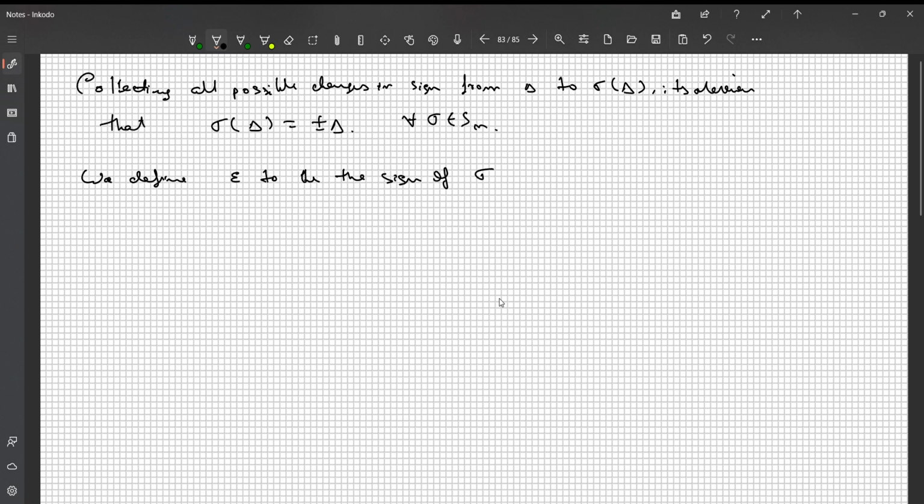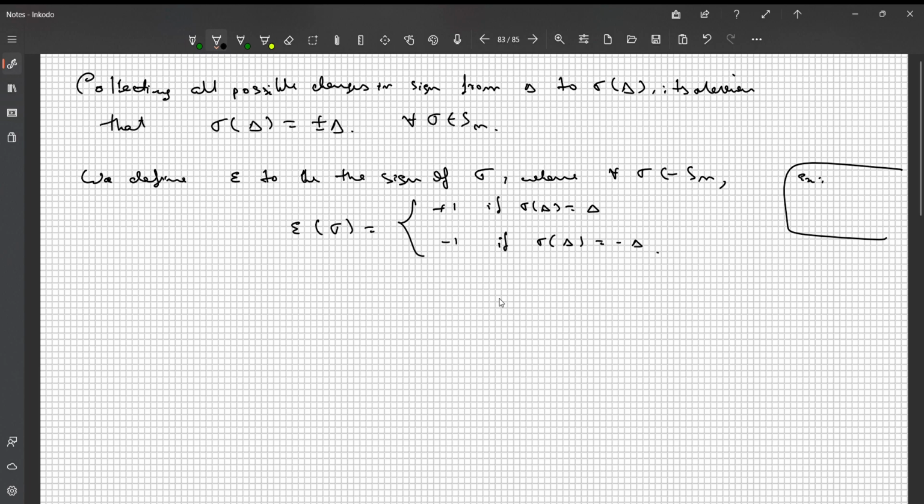So we define epsilon to be the sign of sigma, where for all permutations sigma in Sn, epsilon of sigma is equal to plus 1 if sigma delta is equal to delta and is equal to minus 1 if sigma delta is equal to minus delta.